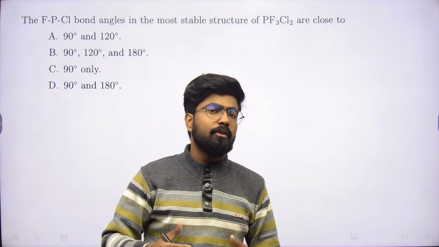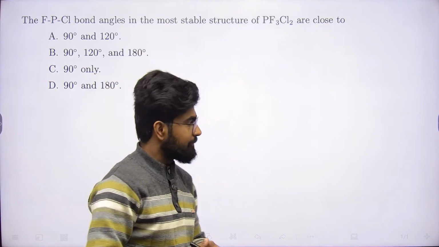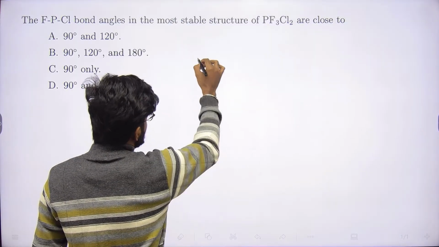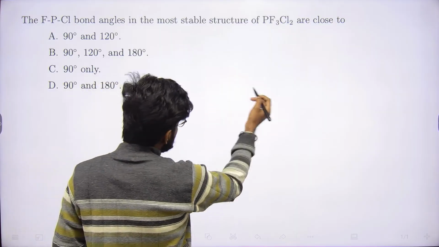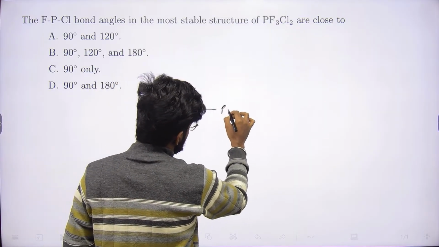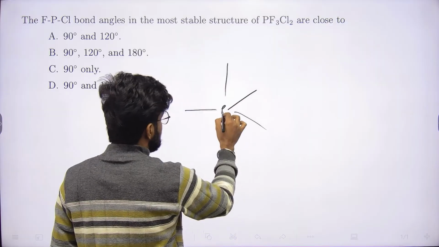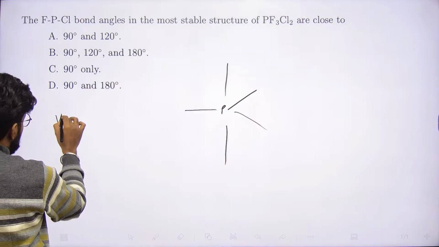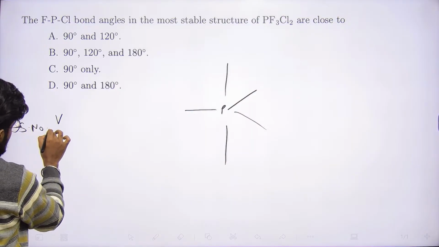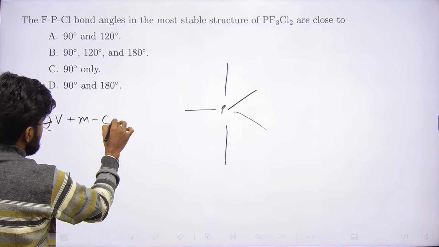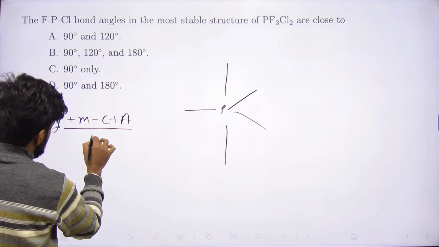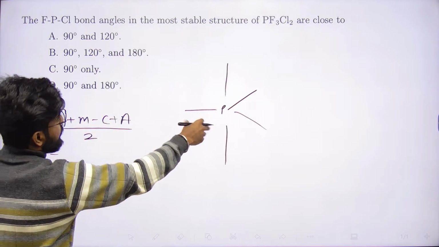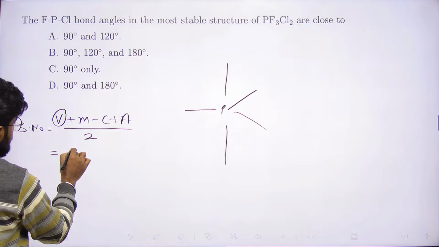Now it introduces a very important concept of apicophilicity. Let me show you what apicophilicity actually means. According to the apicophilicity concept, if you have a geometry of trigonal bipyramidal, which PF3Cl2 will exist in here. How do I know? Because we all know this formula: steric number equals V plus M minus C plus A, divided by 2, where V is the number of valence electrons of the central atom, not necessarily a metal. Phosphorus has 5 electrons.